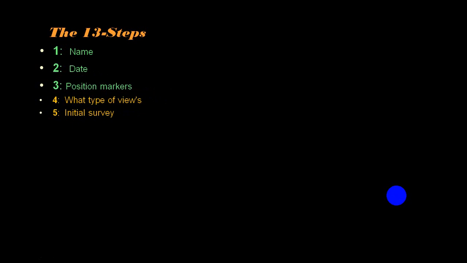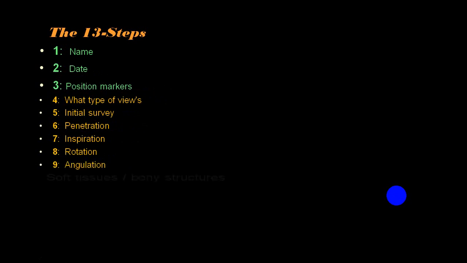Another way is what they call the 13 steps. You look at the name, date, position, markers, what type of view it is, initial survey, whether the penetration is good or not, whether it is taken on inspiration or expiration, whether rotation is there or not, whether angulation is there or not.